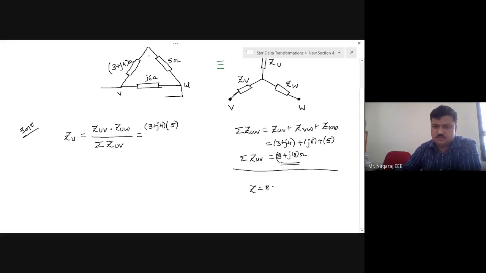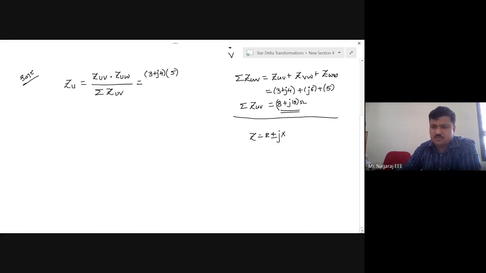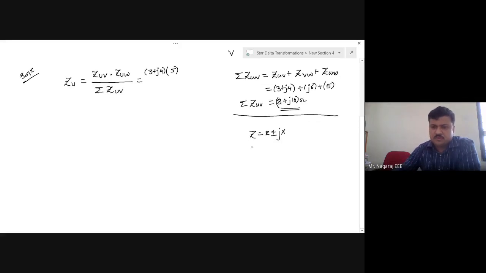Z is equal to R plus or minus Jx. If Z is equal to R plus Jx, this implies inductive impedance.